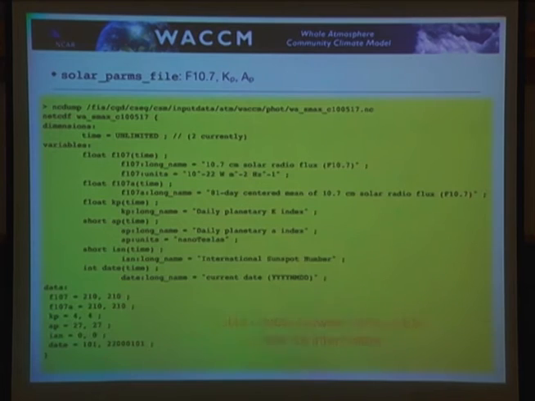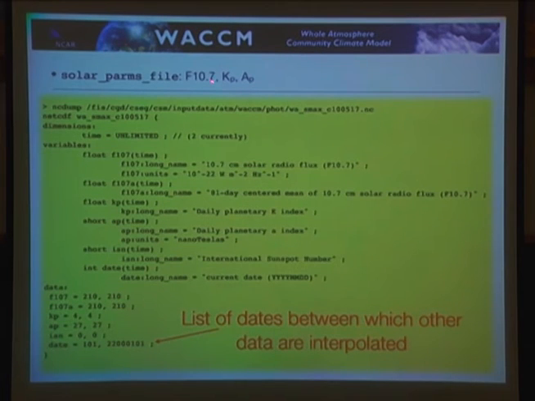So here's the first one, the solar parms file. Remember, it has F10.7, Kp, and Ap. This is a very simple solar parms file that just keeps all of these values constant at a value that they have during solar maximum. First of all, you need a list of dates that the model will interpolate between.